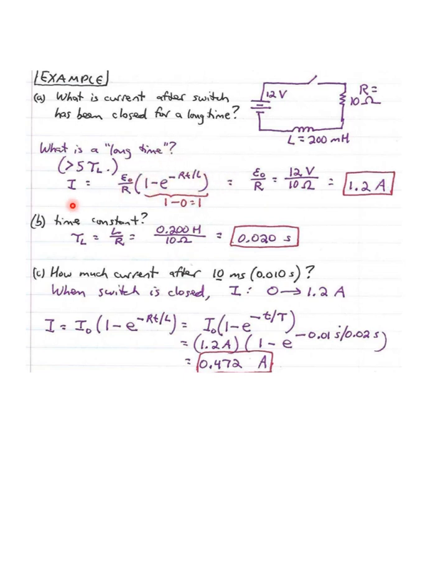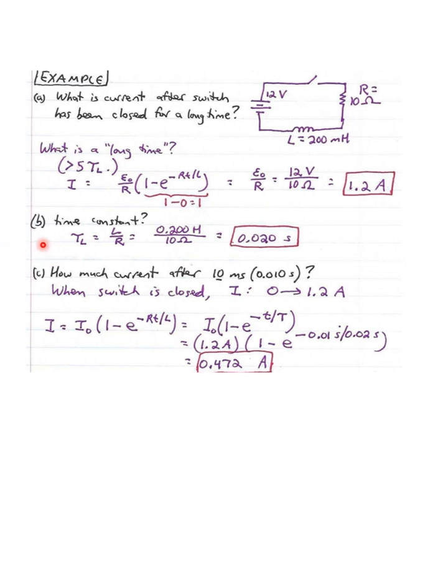And then we can say the current is the voltage of the battery divided by the resistance. So after a long time, the current is simply what it would be if you imagine the inductor weren't even there. But it builds up to that. And so we get the voltage divided by the resistance, in this case 12 volts over 10 ohms, we get 1.2 amperes.